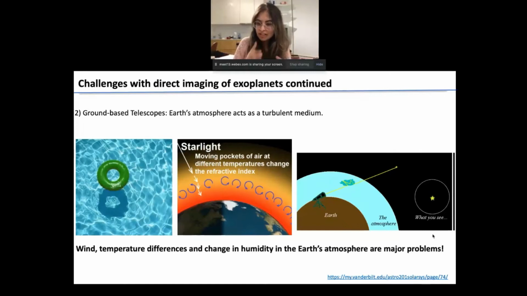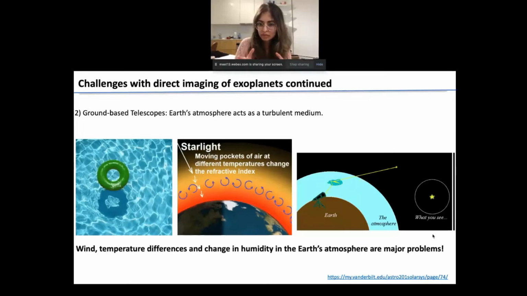Imagine if your star is really moving around and it's just a big blob of light, because it's distorted by the turbulence created by the Earth's atmosphere. How are you going to block it? If your star is not stable on your detector, how are you going to block it, right? So what we need to do is untwinkle the star first. We need to make it stable on our camera so that we can block it inside our telescope.